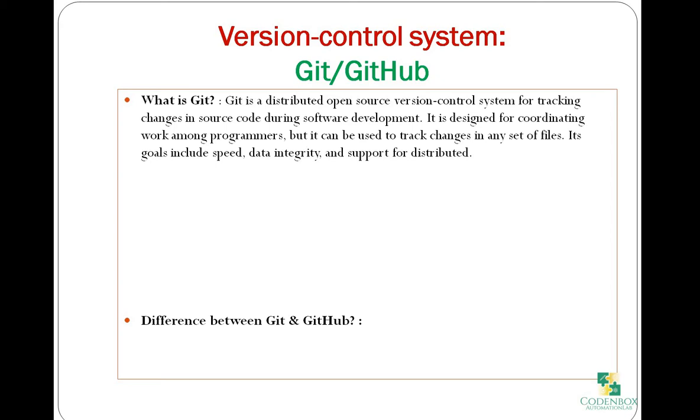Its goals include speed, data integrity, and support for distributed workflows. So Git is a distributed version control system which is open source. It has a free version as well as a paid version, but it's open source for tracking changes in our source code for a project.